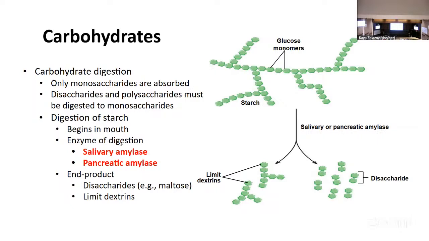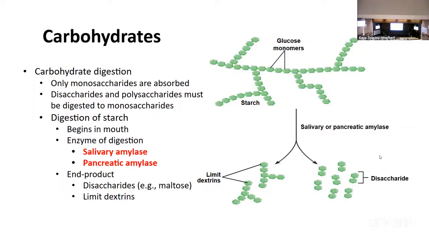In your saliva, you have this salivary amylase that immediately starts to break down the starches into disaccharides and limit dextrins.